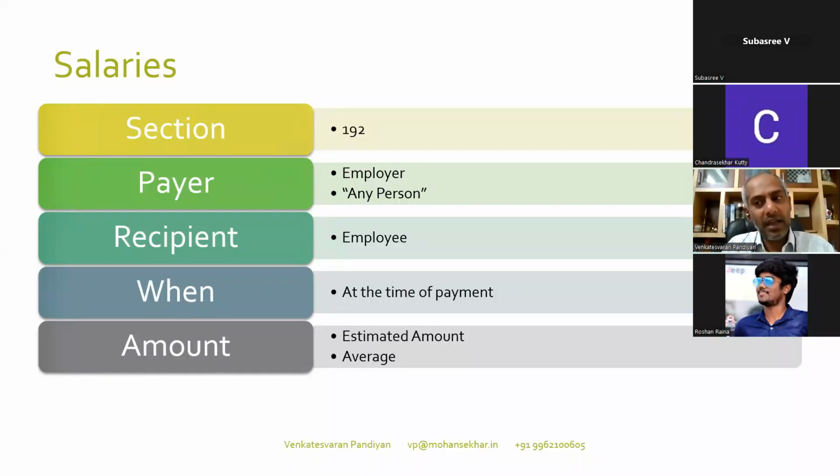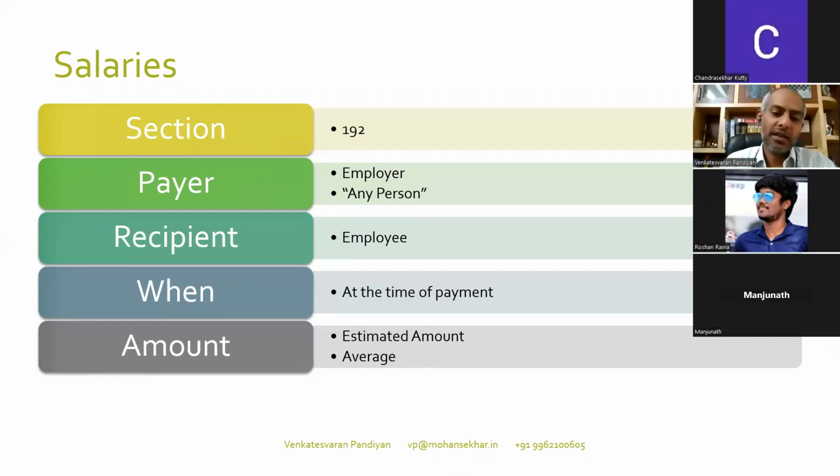When is it deductible? At the time of payment, as I said earlier. And what is the amount? It is the estimated amount. So you calculate the amount for the entire year, calculate the investment deductions, and loss, if any, but the only loss that can be set off is the loss from house property.